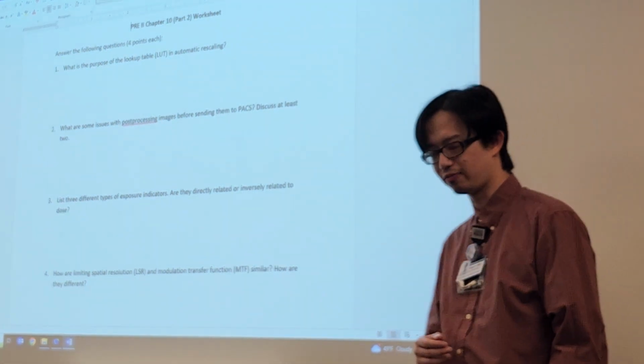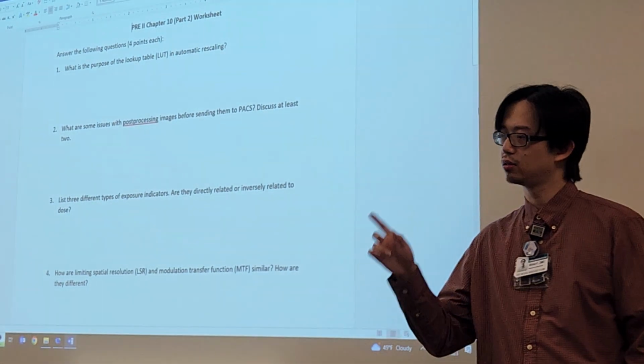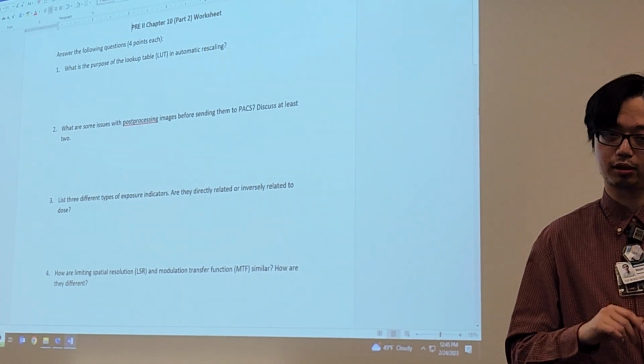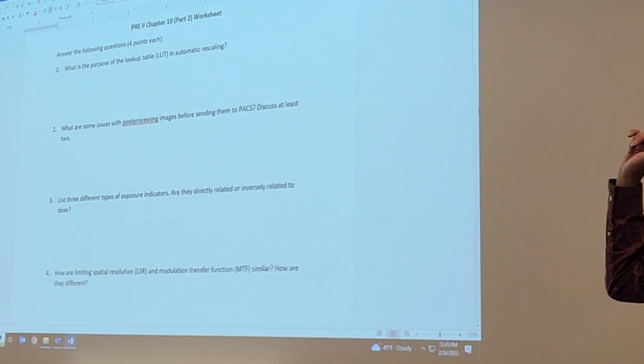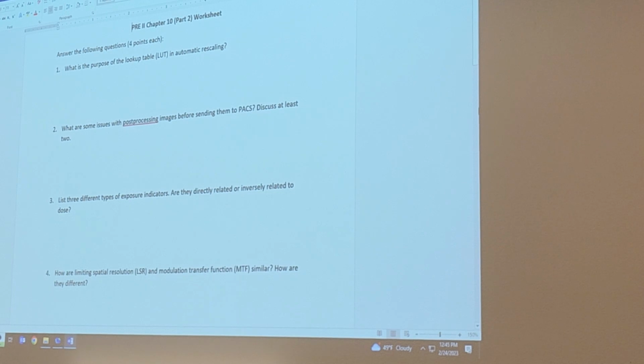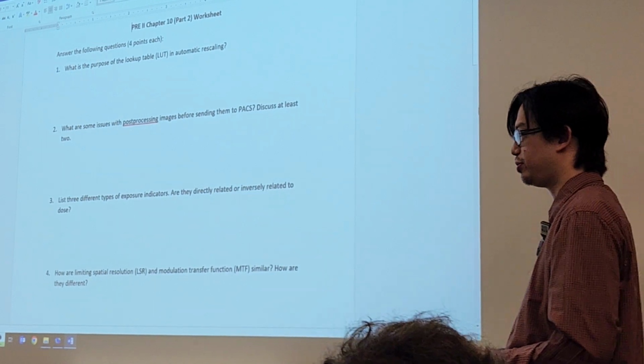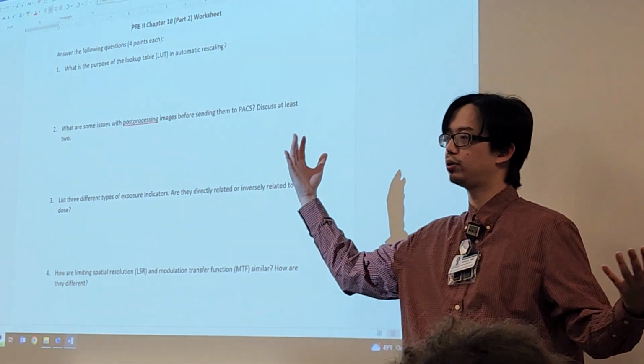All right, very close. So yes, we should not use post-collimation, and the number one reason why is because you are not reducing patient dose. Right? Collimation is there to limit the exposure to the area of interest. If you post-collimate, it doesn't matter. You've already exposed beyond the area of interest.